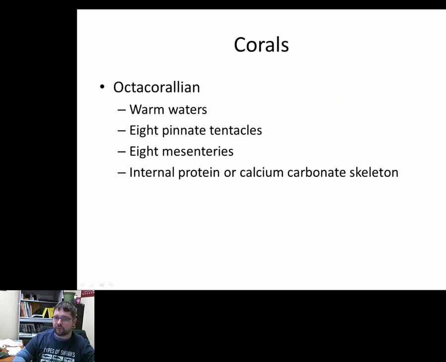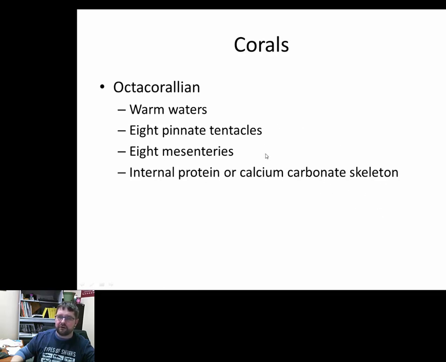Okay, there are other types of coral which are not reef-forming, and a lot of them belong to what we call the octocorals, or corallines. Warm water, tropical waters. They get their name octa because they have 8 pinnate tentacles. A lot of times they will have a calcium carbonate structure.